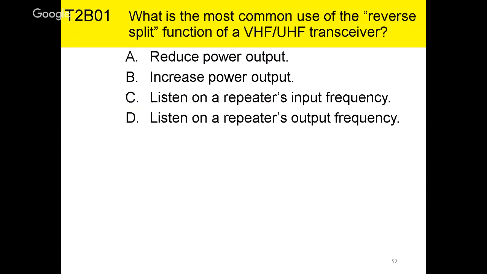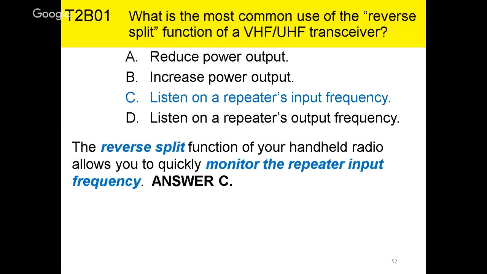But the common use of the reverse split function is so that you can reverse. Most transceivers have the ability to push a button so that you can listen in on the input of the repeater frequency. I do that quite often here. If somebody isn't getting in on the nets, for instance, in the mornings, they might be a little weak into the repeater, but I might be able to hear them on the input.